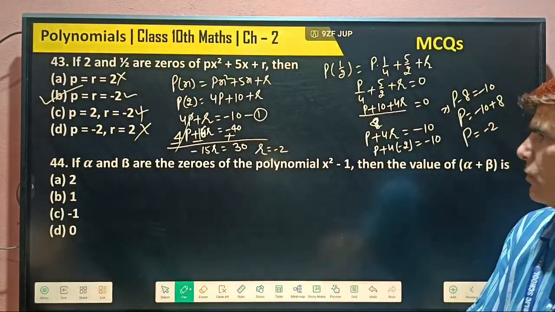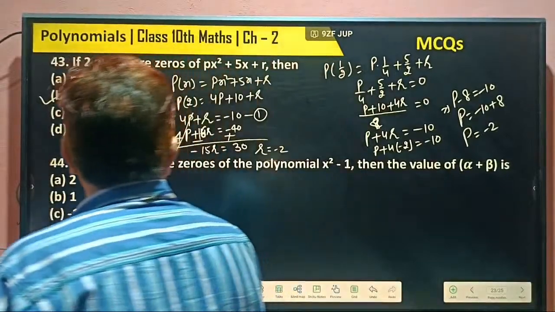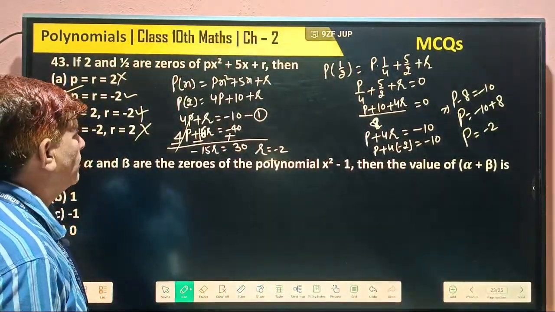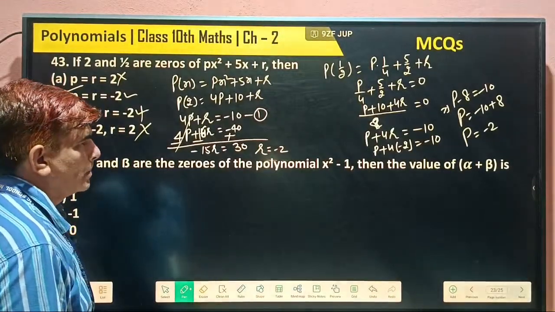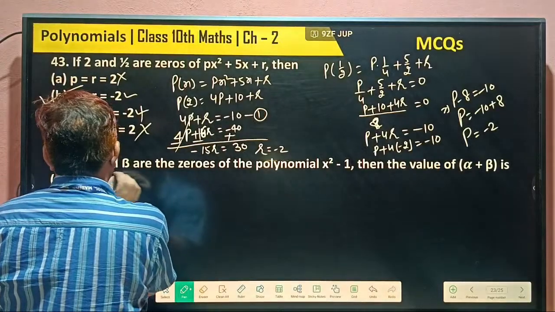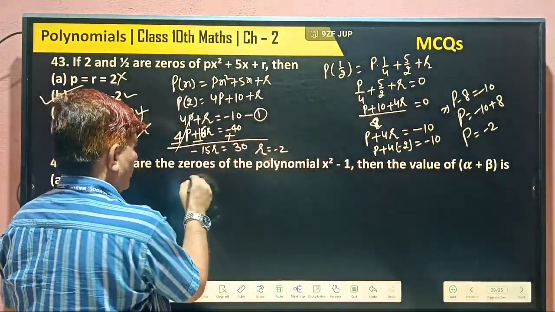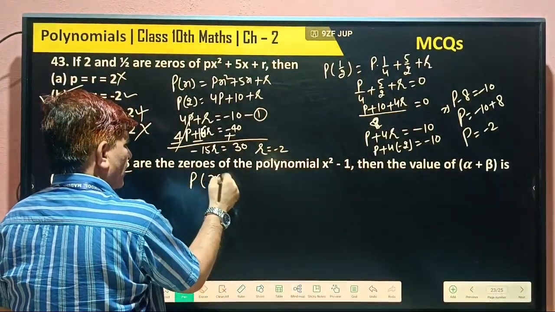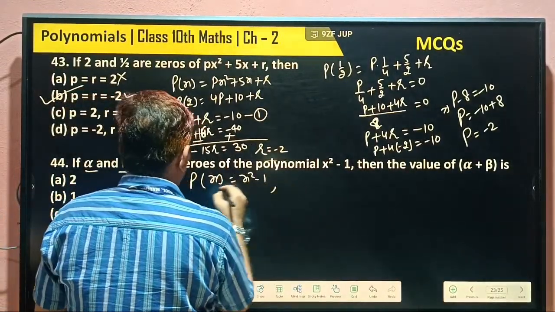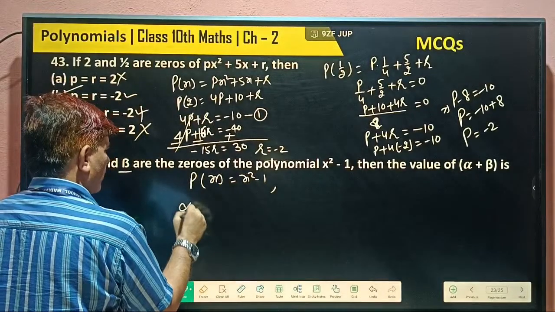What's question 44? If alpha beta are the zeros of this polynomial, then the value of alpha plus beta. So easily we can find, alpha and beta are the zeros of this polynomial Px is equal to x square minus 1. So if alpha and beta are its zeros, what's the sum of the zeros?